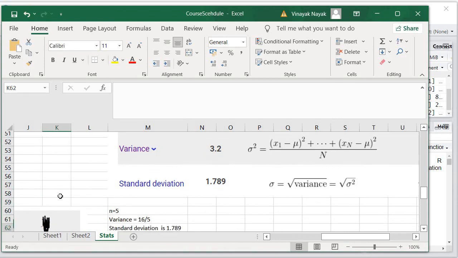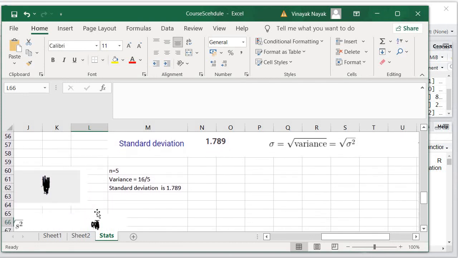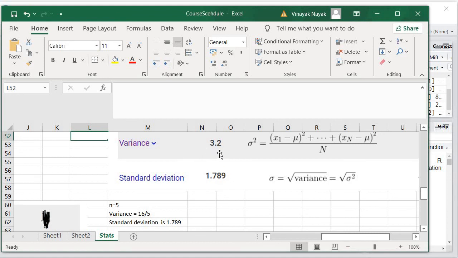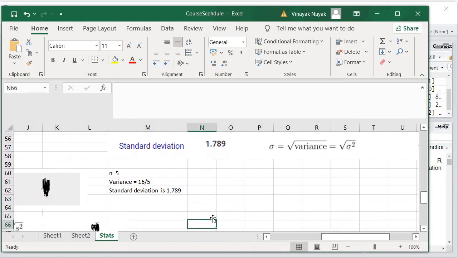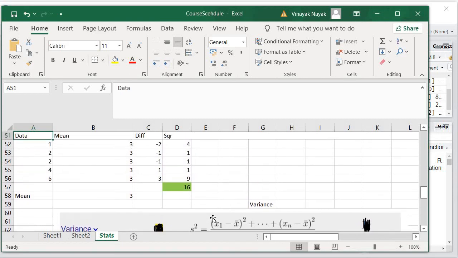So we will write 16 divided by 5, and the value of 16 divided by 5 is 3.2. So this is our variance. To find the standard deviation, we will take the square root of the variance, as in the square root of 3.2, which is 1.789. So our standard deviation would be 1.789.